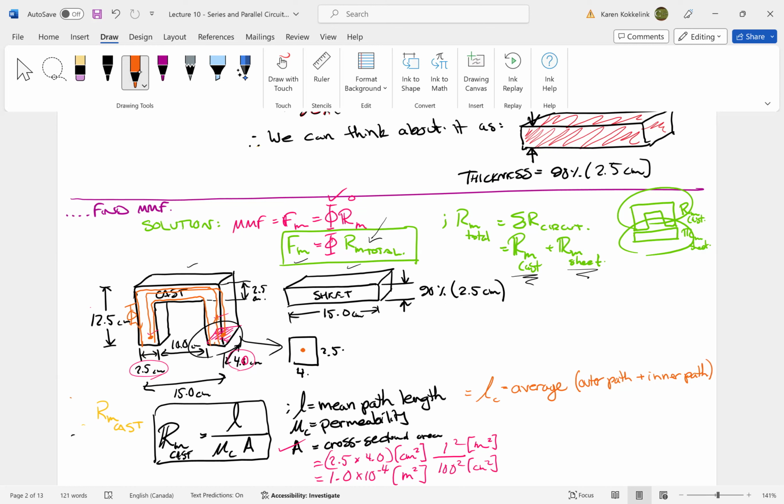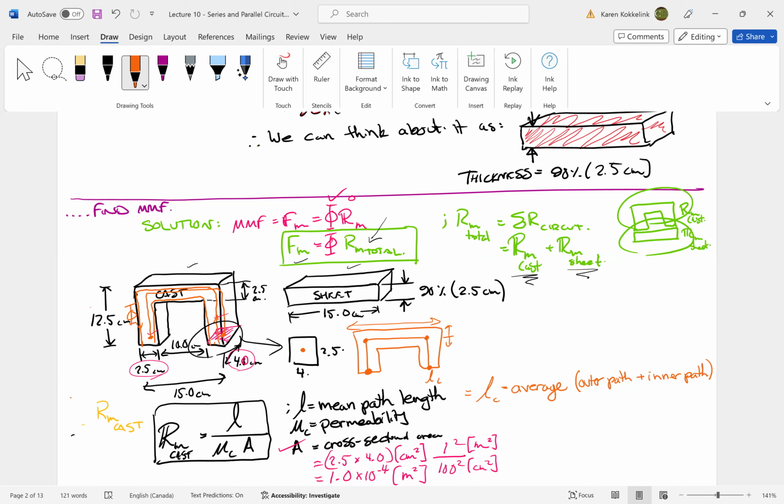But if I look at the whole shape like this, then I know it's going from halfway here to here, which is half of this, right? It doesn't go this whole 15. It goes only to here and then back down again. This is my LC.